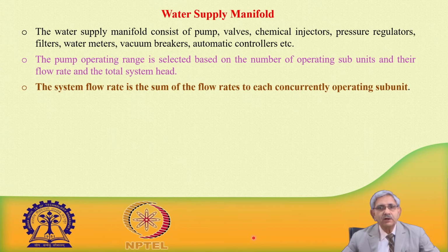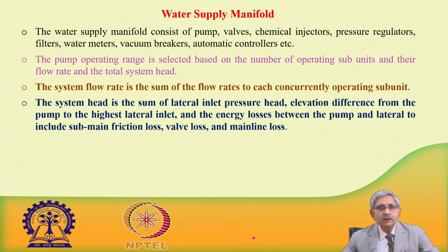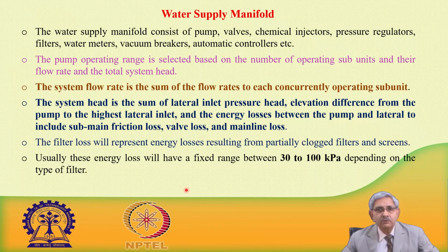System flow rate is the sum of the flow rate in each concurrently operating subunit, and then system head is the sum of lateral inlet pressure head, elevation difference from the pump to the highest lateral inlet, and energy losses between pump and lateral, including submain frictional loss, valve loss and main line loss.